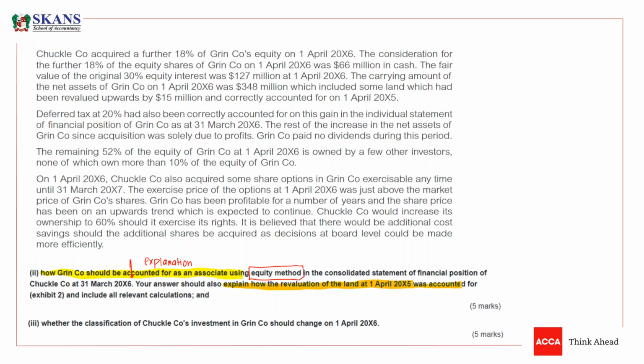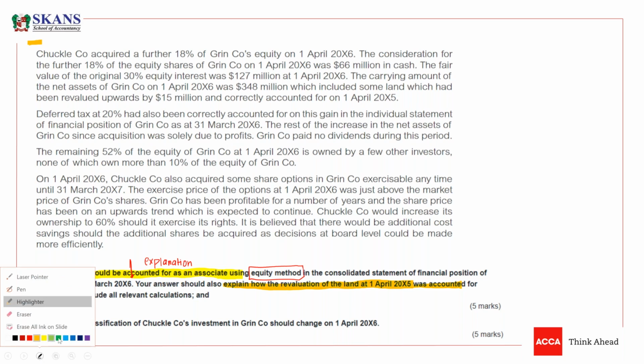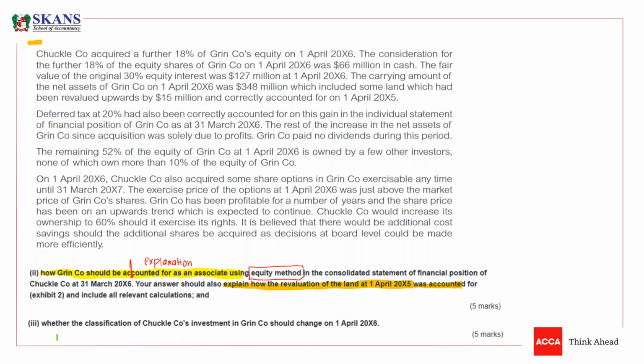So you need to explain this revaluation of land as well for exhibit 2, and include all relevant calculations. So the third requirement is that you have to give calculations as well. So these are the three requirements. You have to address these three requirements, and write something about each of them.